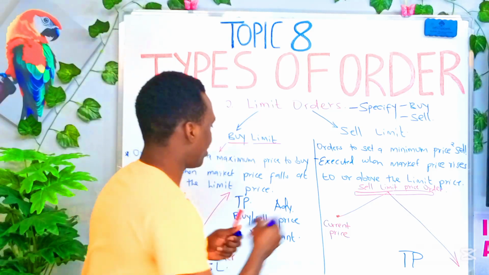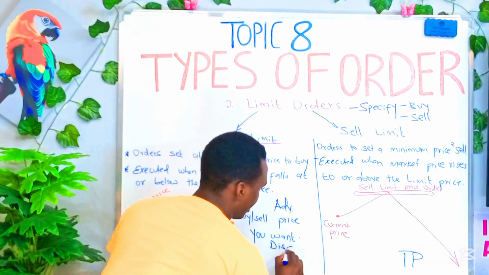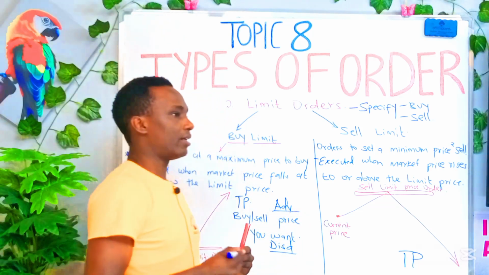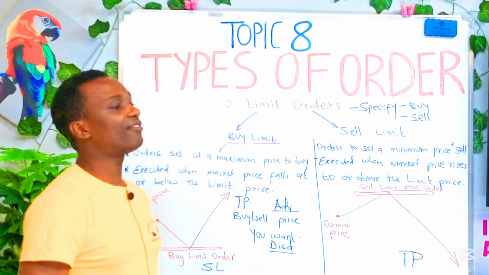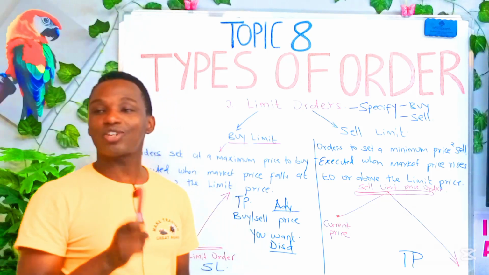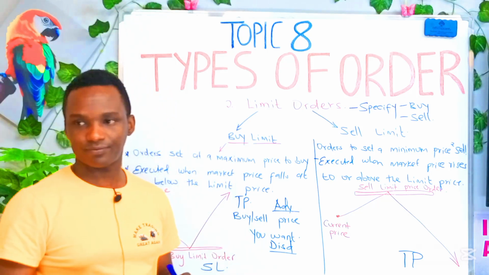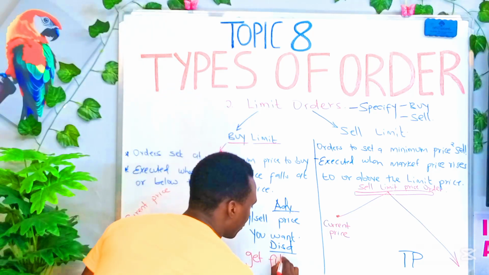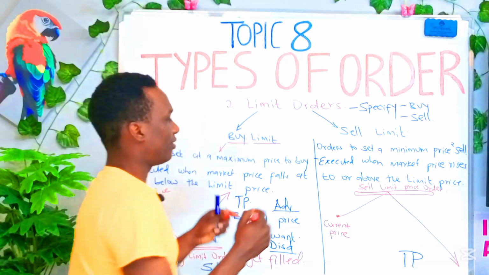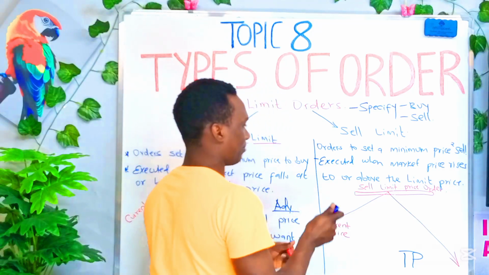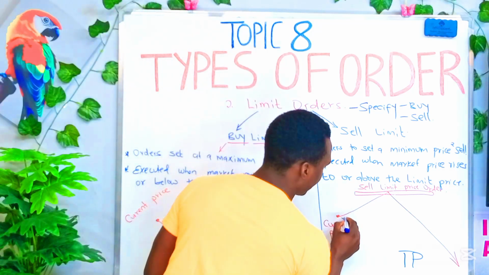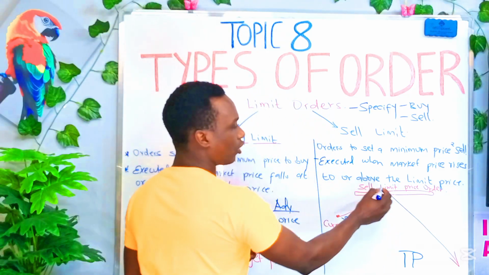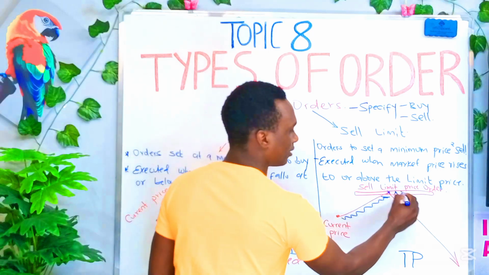What about the disadvantage? The pros and cons. This is the cons. The disadvantage is that you might not get filled on the trade. Getting filled becomes an issue here. Imagine the price comes to your price, like this, like this, like this, but it does not fill you in because your order was here.